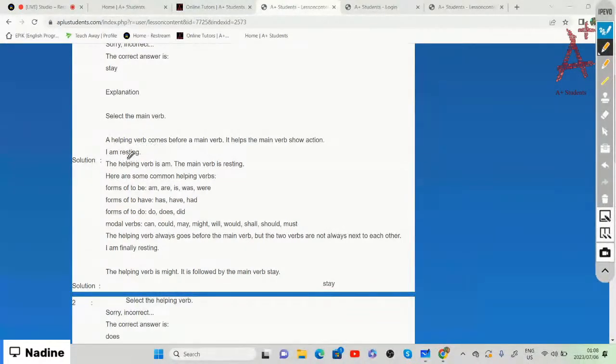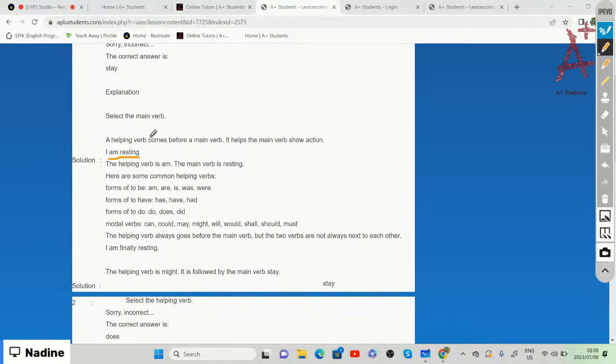Resting is the main verb and the helping verb is am. Both together make am resting.